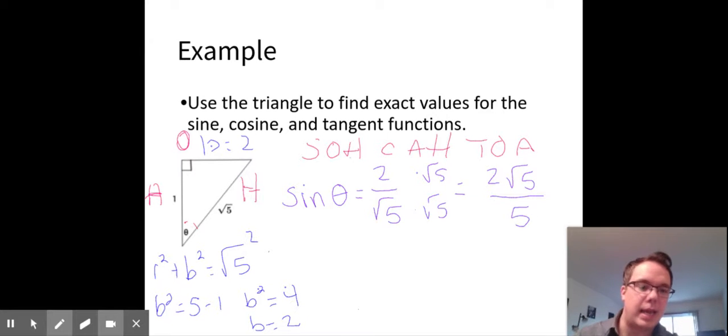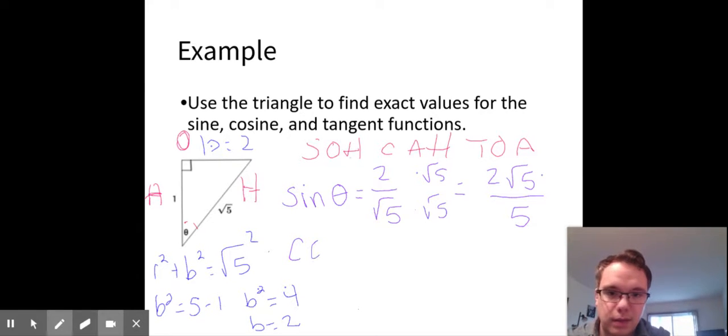So last thing, can I simplify 2 square roots of 5 over 5? I cannot, because 2 and 5 are not reducible. And remember, you can never reduce a number inside a radical by a number outside a radical. So you cannot take the 5 inside this radical and divide it by the 5 outside. So 2 square roots of 5 over 5 is the simplest answer for my sine of theta.